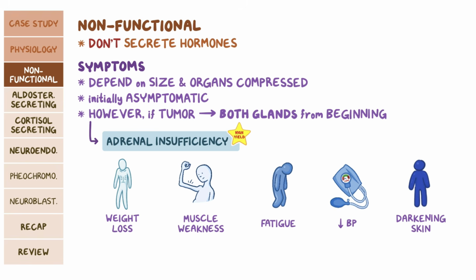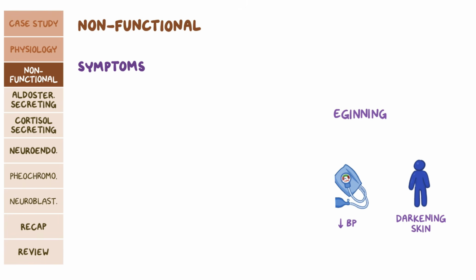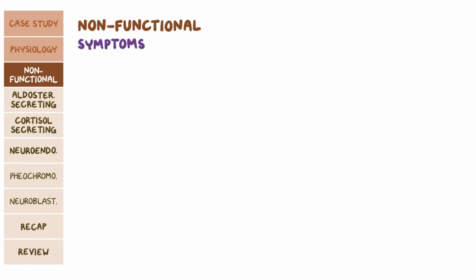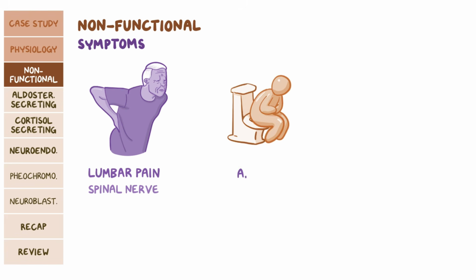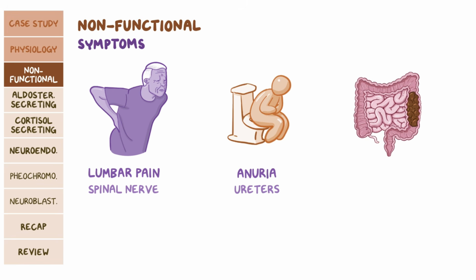In time, as the tumor grows, it can start pressing on the nearby structures. These can consist of lumbar pain when the tumor presses on nearby spinal nerves, anuria or non-passage of urine when it compresses on the ureters, and even constipation if the tumor is large enough to block a part of the intestine.